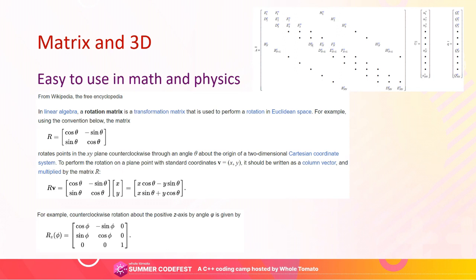So you can analyze your 3D problem or simulation or anything by using matrices easily in C++. You can use C-type arrays, std arrays, vectors, or other data structures, maybe structs, to apply mathematics and physics.